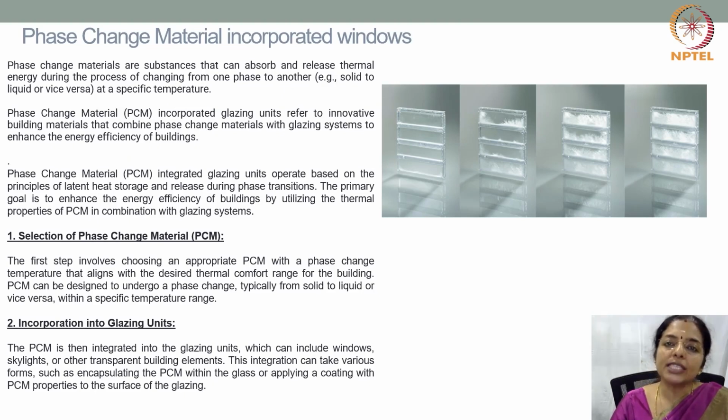So phase change materials are these substances that will absorb and release thermal energy during the process of changing from one phase to another, for example, from solid to liquid or vice versa at a specific temperature.